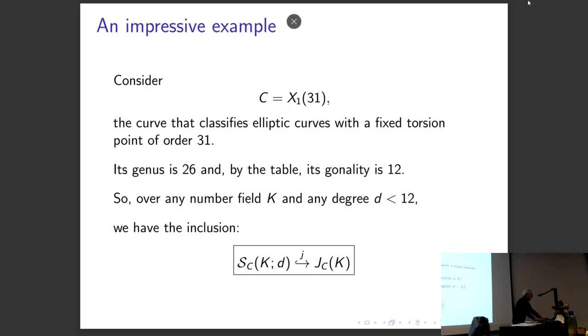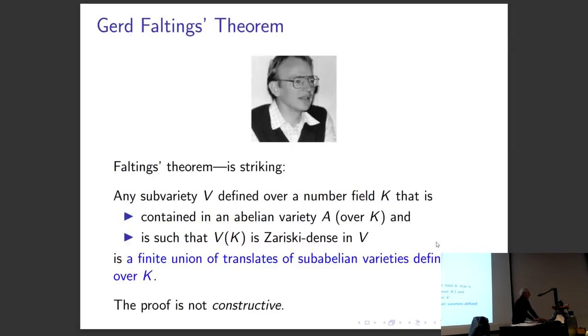We have the set of all degree d points of the curve over K mapping injectively, in the sense that two points that are conjugate map to the same thing, but otherwise nothing, into J_C of K. And we're going to make use of that in various formats.